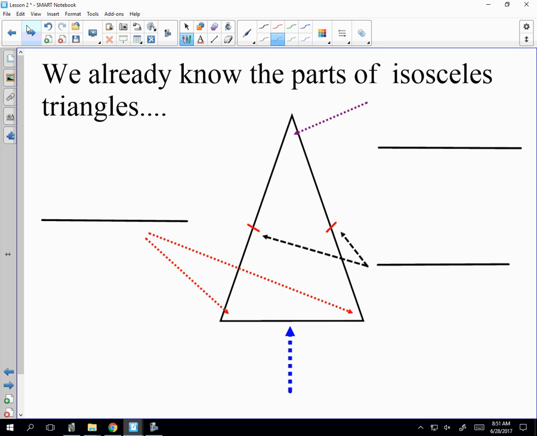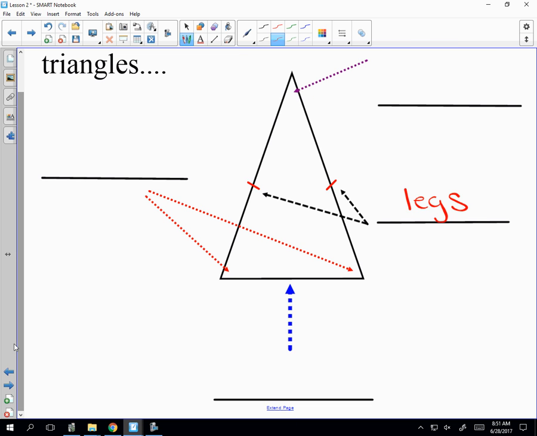Okay, when we're looking at our side lengths, our legs are the two lengths that are equal to each other, or congruent lengths. We've got the base, which is the third side. We have our base angles.